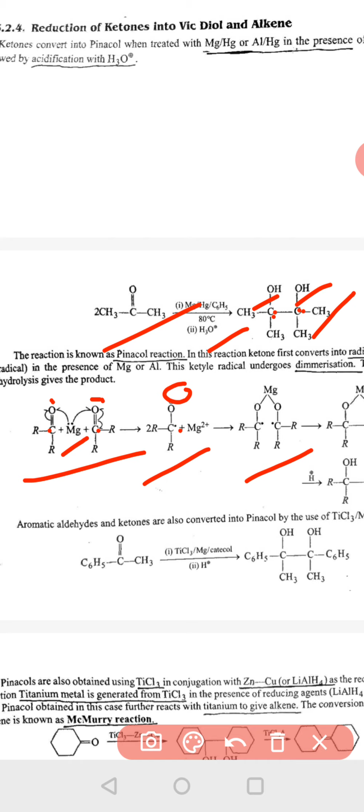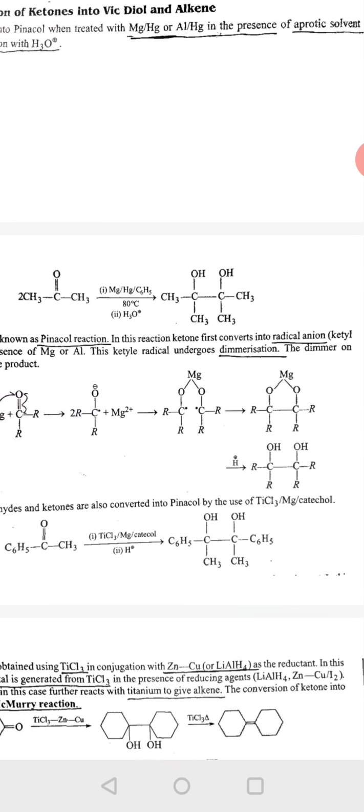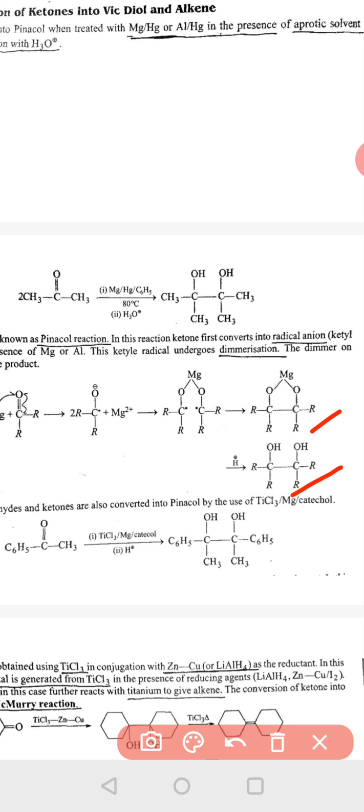This is the intermediate in which the oxygen anion is attached to magnesium here. Dimerization of these radicals occurs at this position, and we get this product. This is then made to undergo acidic hydrolysis, and we get pinacol, the vicinal diol.